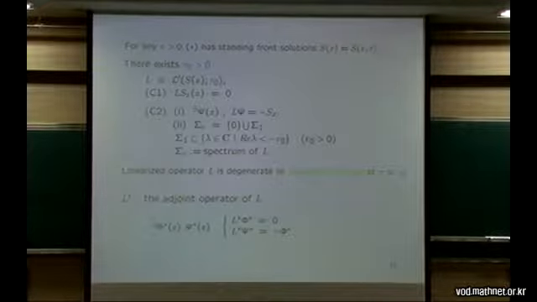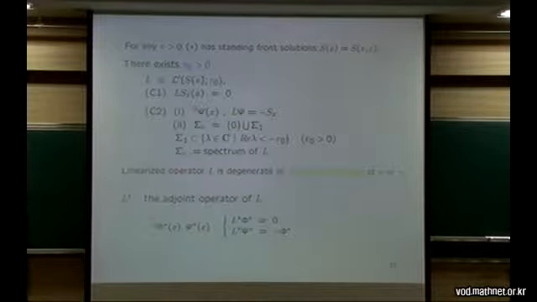Since the adjoint operator, L star, has the same property as L, by using the Fredholm alternative, there exist two functions, phi star and psi star, satisfying the same relation for L star.